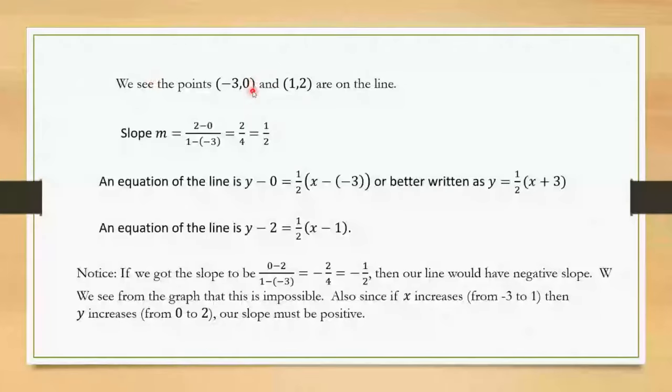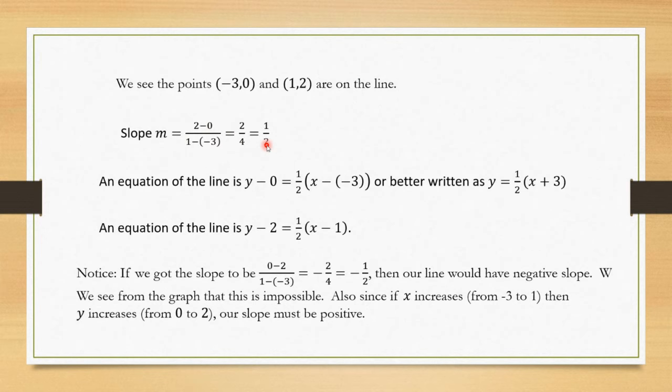Okay. So we have these 2 points I chose. What I did was 2 minus 0 over 1 minus -3. Again, 2 and 1 are from the same point, and 0 and -3 are from the same point as well. Good. So we have 2 minus 0 over 1 minus -3, which is a half.